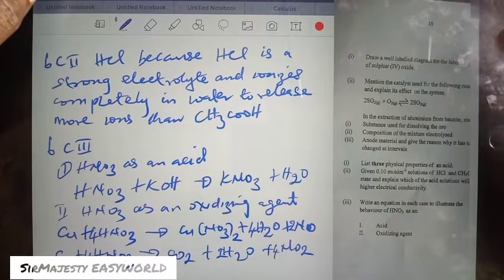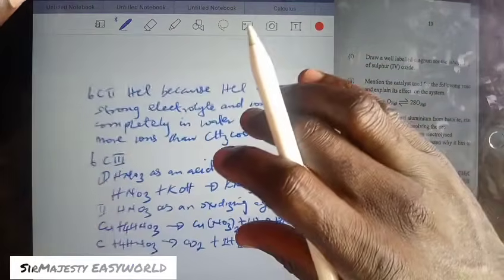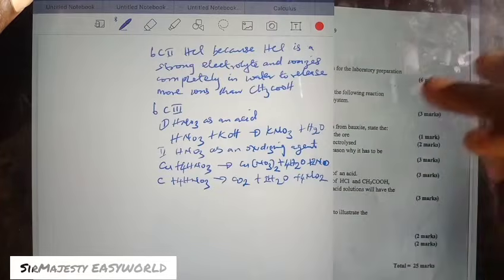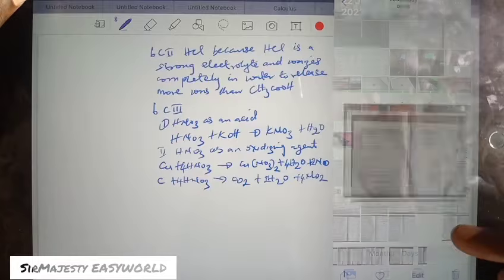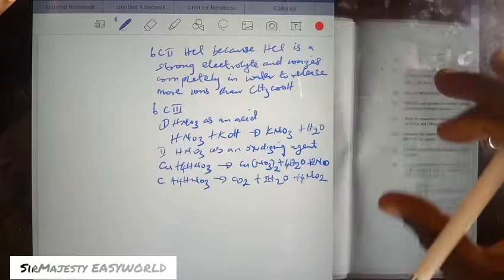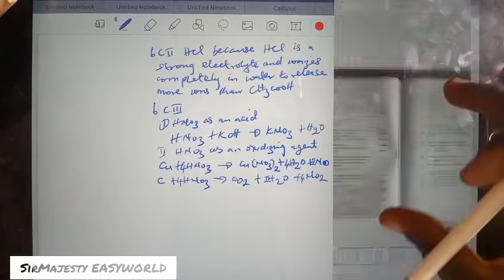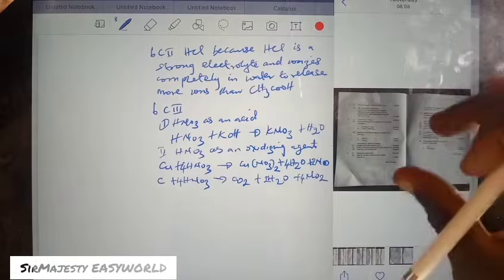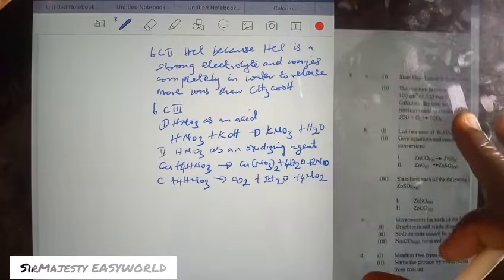So we go to the next question, which is question number 5. Okay. This is the annoying thing when we're looking for it. Okay, it's on the same page actually. So this is question number 5.